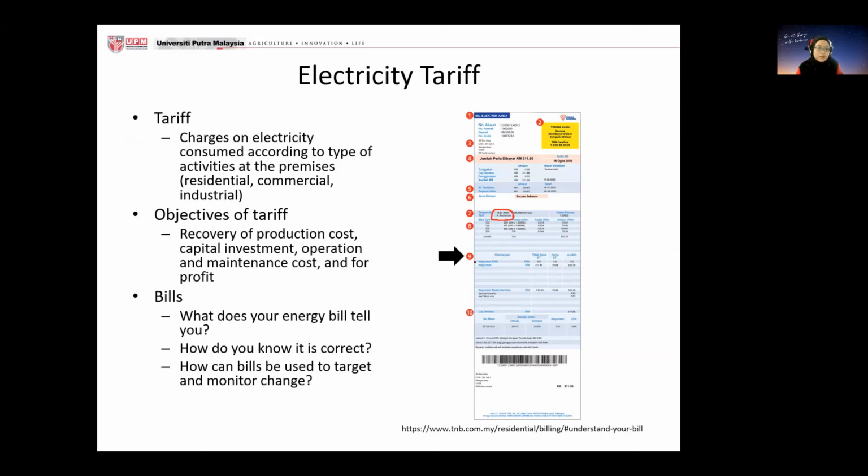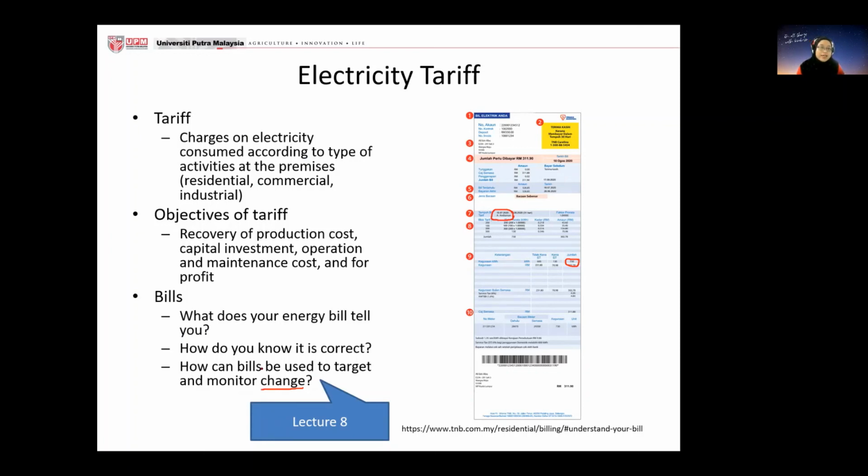Number 9 is how much energy you use, in kWh. Remember earlier we differentiated between watt and kilowatt hour. That is your electrical usage for that month, or for this billing period. We will look into change in lecture 8, because that is more appropriate for that discussion.